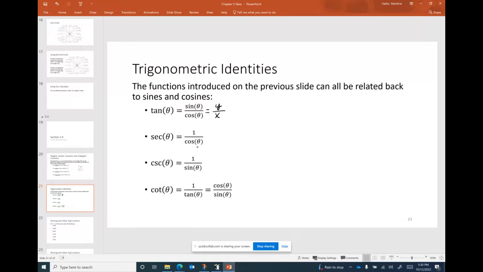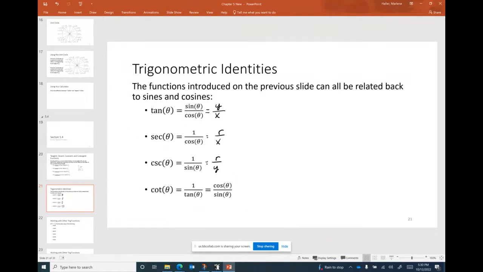The secant is defined as 1 over the cosine of theta, right? And the ratio definition for the secant is the radius over x, right? In the unit circle, the radius is 1 and the cosine is x. The cosecant is defined as 1 over the sine of theta, and its ratio definition is the radius over y, right?